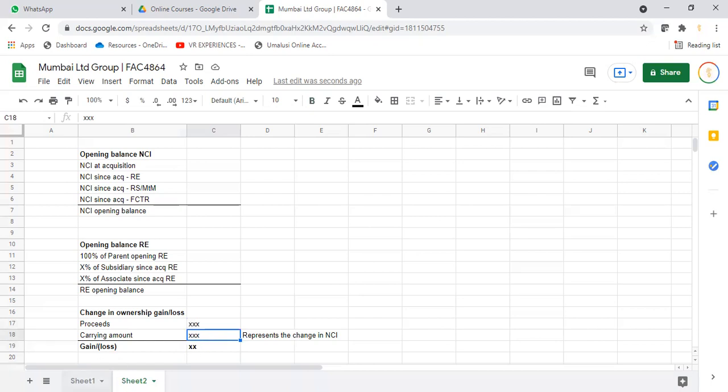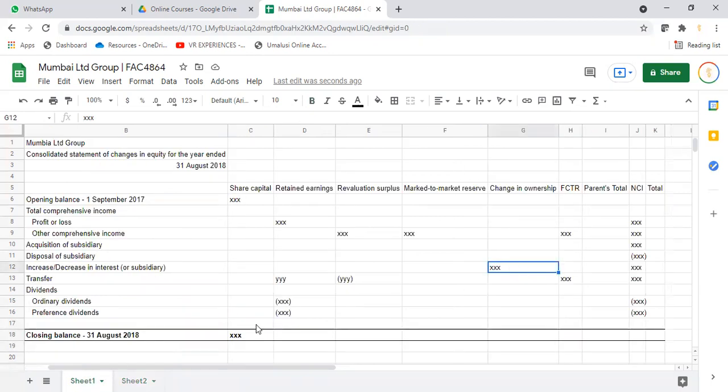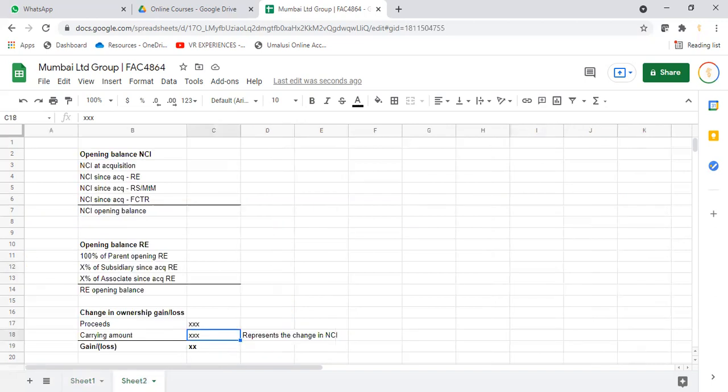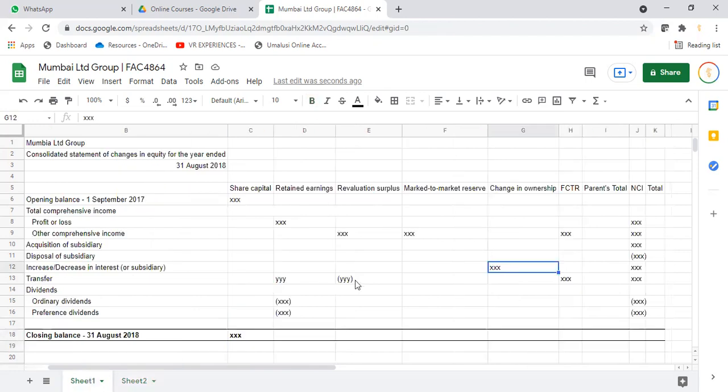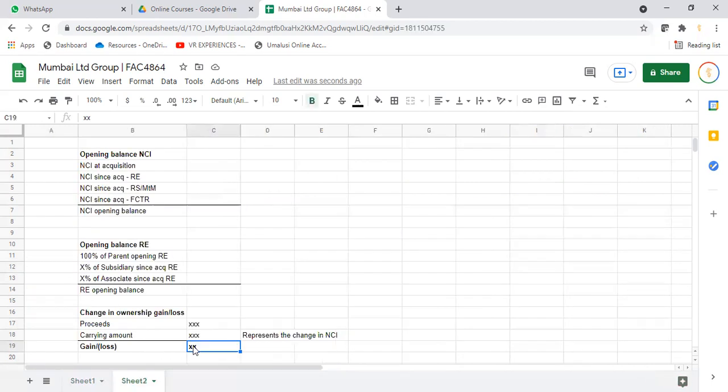So that means you'll put it in over here as a positive number. However, if you increased your interest, you paid 100 for something that is worth 90. So in effect, you paid more by 10 Rand. So therefore you made a loss of 10. So that's why it's important. It depends on the perspective. But basically, the change in ownership number is that gain or loss.